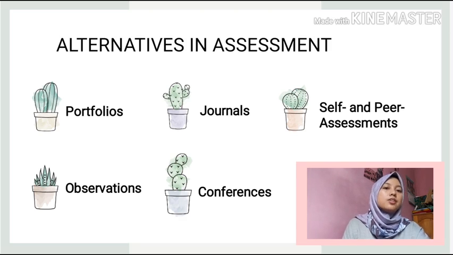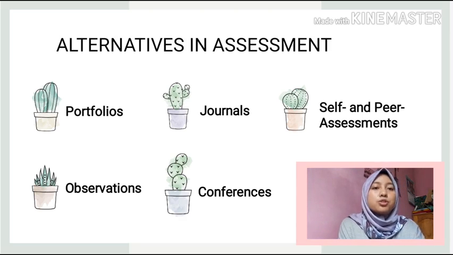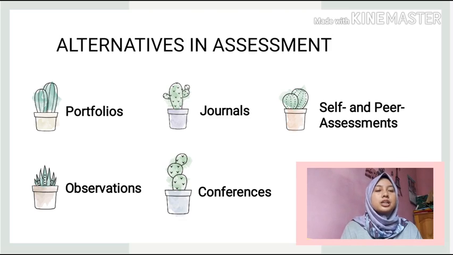And the fourth alternative assessment is observations. Observation is one of the teacher's abilities, observing students in the class, so teachers know more about their students.